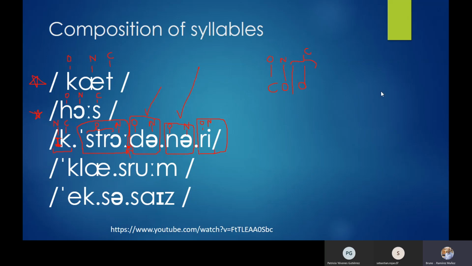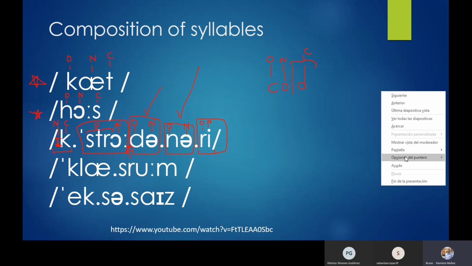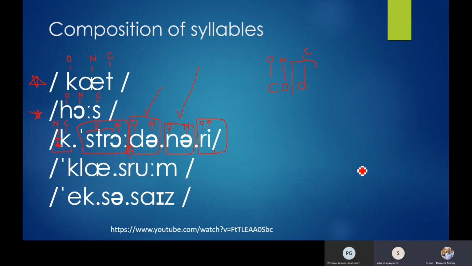But in general, the answer is very well developed, and just a precision I would like to point out: the onset is one, and the coda is one. And it's one, but it's composed of one, two, or three consonant sounds.